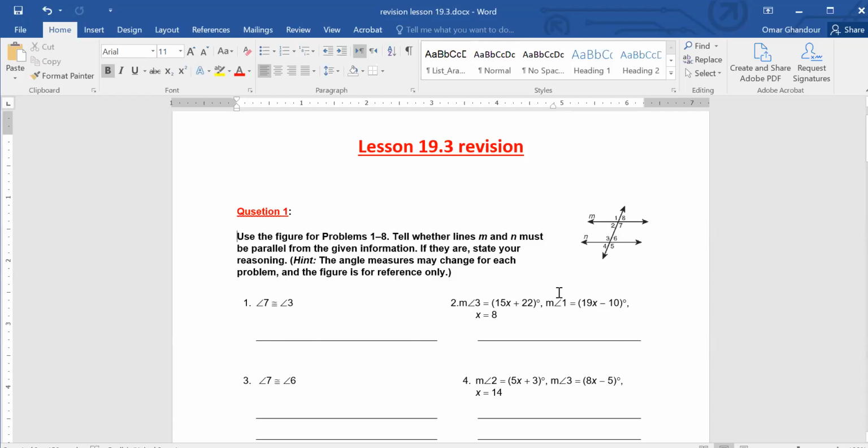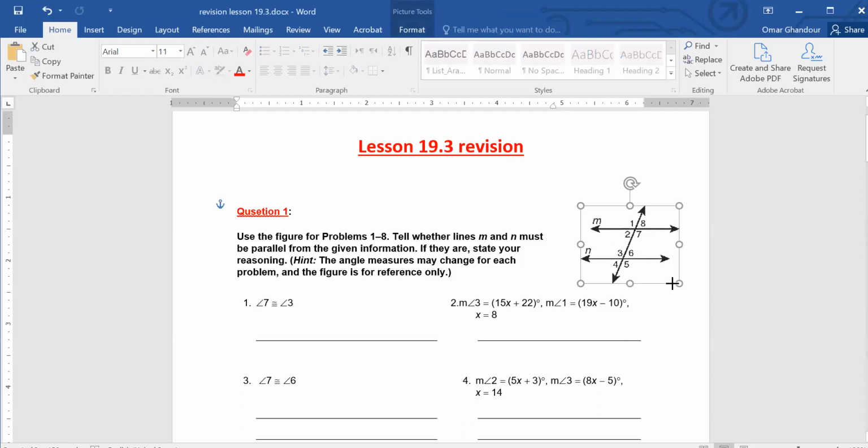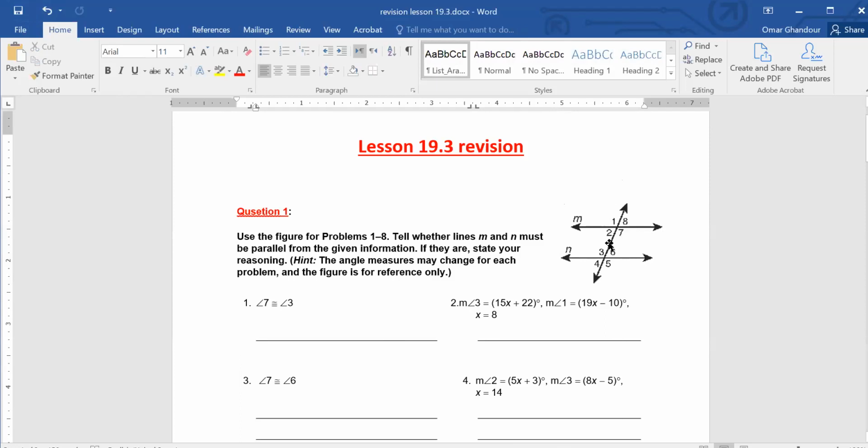In question 1, he is saying that angle 7 is congruent to angle 3. Let's make it bigger. And then let's see angle 7 and angle 3. First of all, ask yourself, angle 7 and angle 3, what do they form with each other? Are they same side interior?